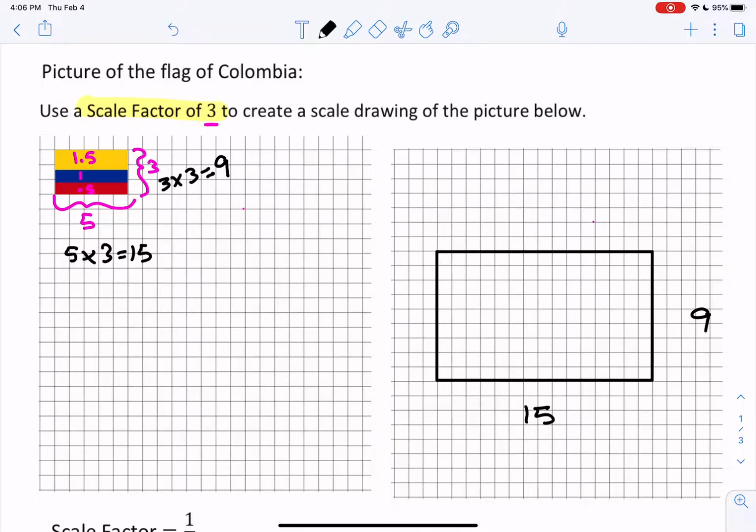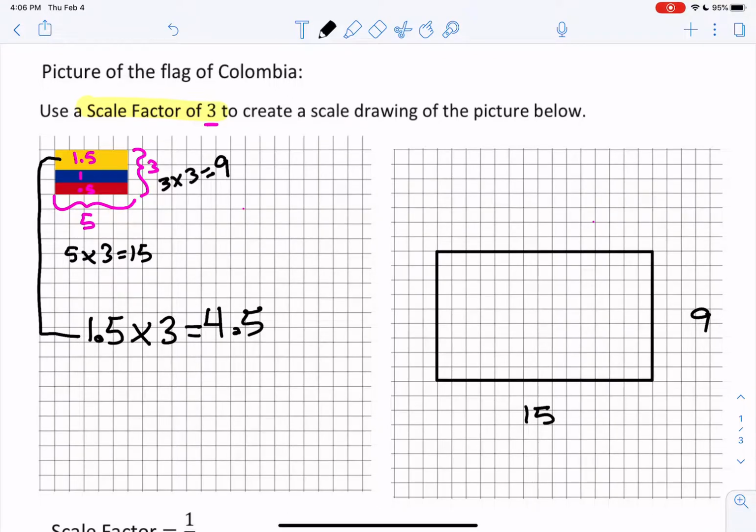But we still have to do the colors on the inside and make sure they're proportional as well. Remember, we don't want any distortion or any of the shapes getting messed up. So if the yellow in the original flag was 1.5, to find the new size for yellow, it would be 1.5 times 3. So I'm going to do that over here. 1.5 times 3 gives us 4.5.